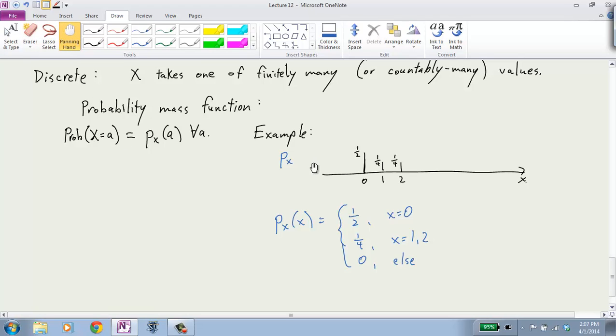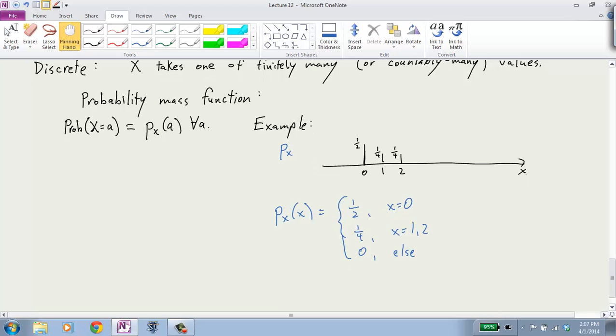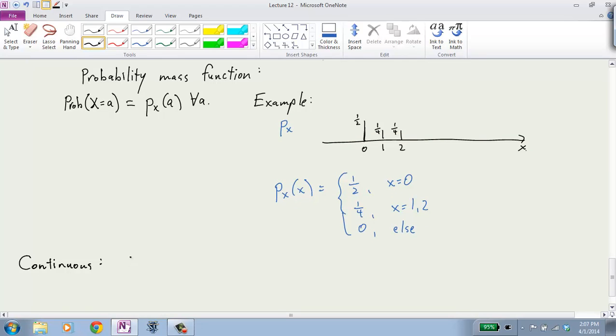Now, for continuous random variables, it's a little bit different. Then we have what's called a probability density function.